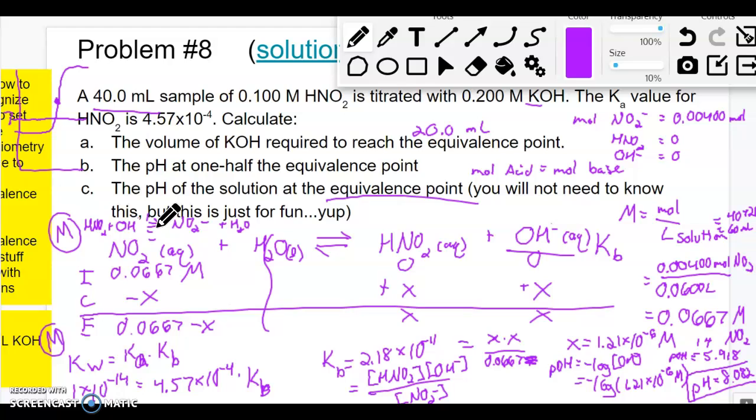You could use that. It's just that sometimes when you use that, you have to make sure that OH still appears on top in your Kb expression. So rewriting it this way just helps out with that. But either way, it works. And in your Kb expression, OH is always on top.